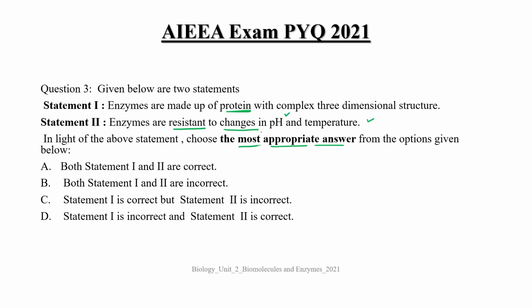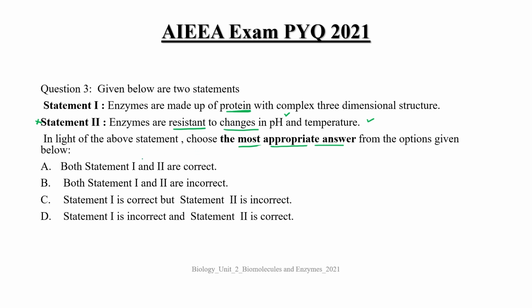So they are not resistant. That's why different types of enzymes work in different pH conditions. Some work in acidic media, some are very active in alkaline media. Similarly, they have an optimum temperature range. So this statement according to me is wrong.